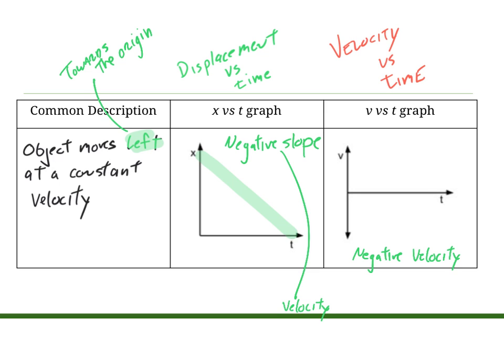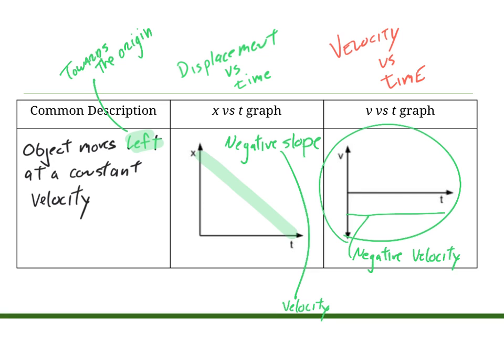And when I look at this graph right here, I have positive velocity and I have negative velocity, and then I have what would probably be considered zero velocity. So if that's my graph and I'm going to identify that I have negative velocity, I'm going to draw a line that looks like this.